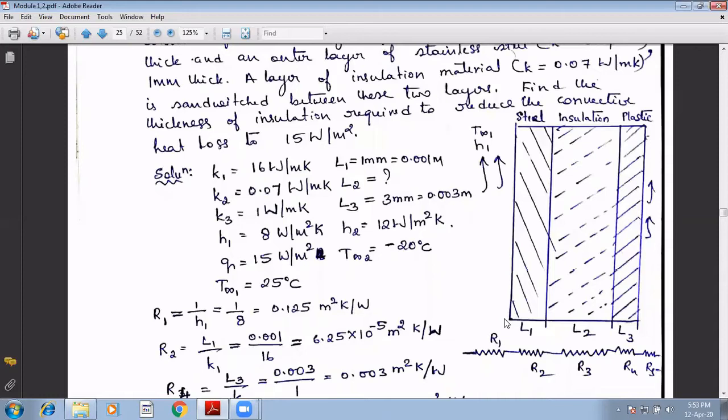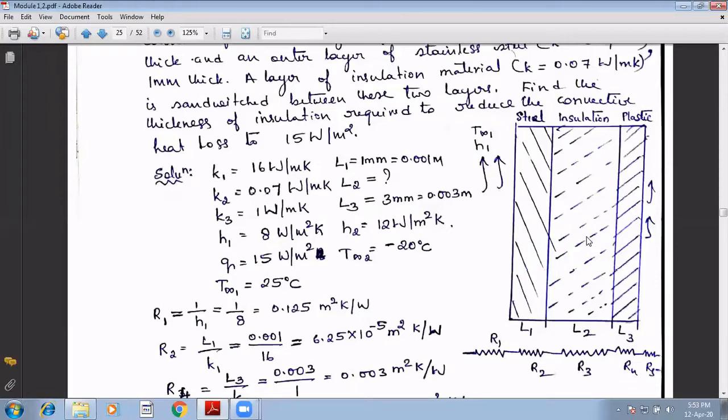Here is a freezer, so here is the outside temperature. Temperature at this point is obviously higher compared to this. The heat will be flowing from steel to plastic, precisely.